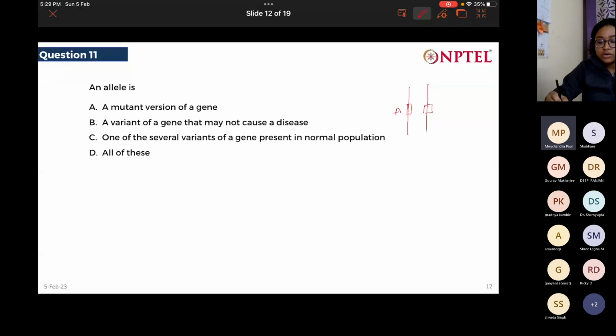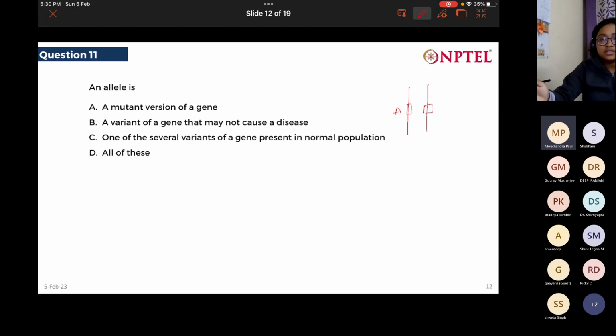Now this variant is present in one person, one individual. Now for this particular gene A, if there is a mutation in some other location of this gene, another variant is created, and that might be present in another person. Okay, so different individuals can have a few non-lethal variations of this same particular gene, and each of these variants or mutants will be called an allele.